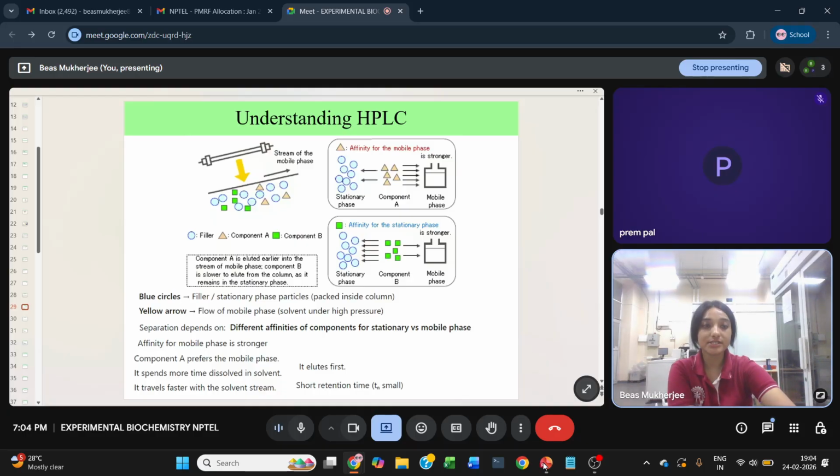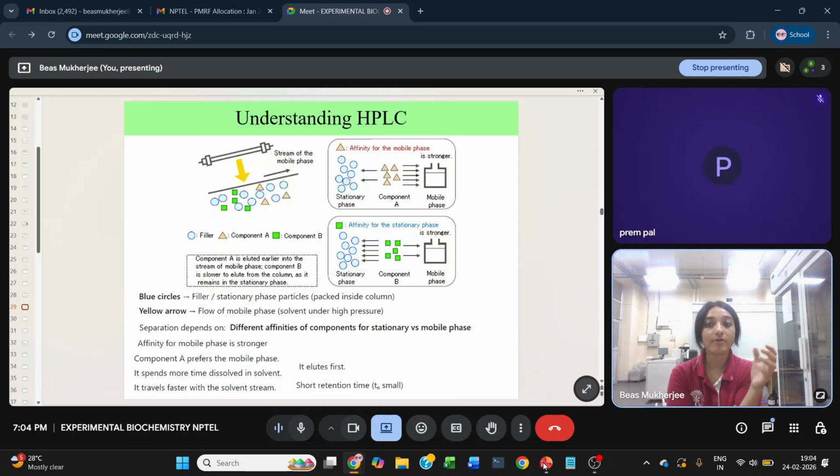Okay, so you can see here that the blue circles are the pillars or the stationary phase. Yellow is the flow of the mobile phase, that is, solvent under very high pressure. Separation depends upon different affinities of the components for the stationary and mobile phase.